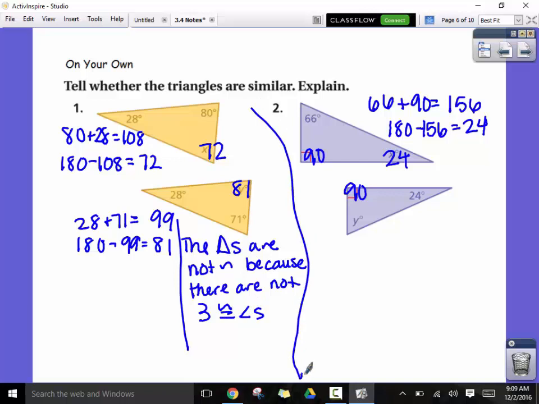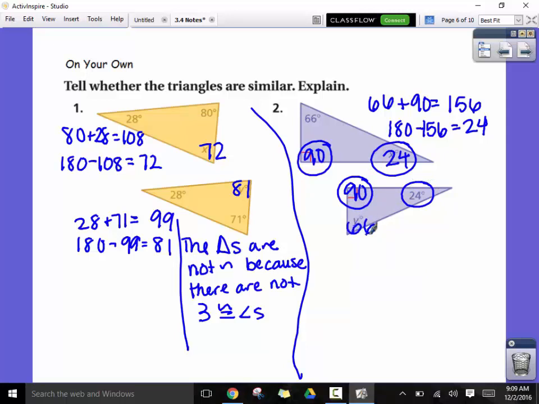In the second one, I noticed that this angle was 90, so then my missing angle was 24, and then I stopped because I noticed there was enough information to say they were similar. In the first triangle, I have an angle of 90, an angle of 24, and in the bottom triangle, I have an angle of 90, and an angle of 24, so automatically this last one has to be 66.